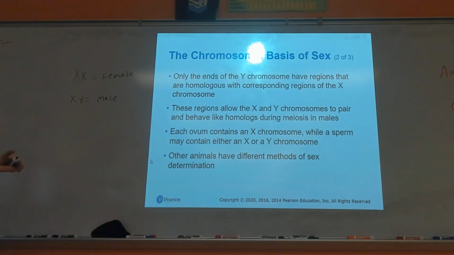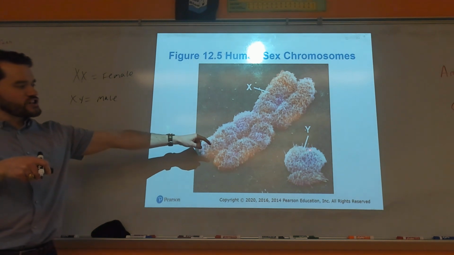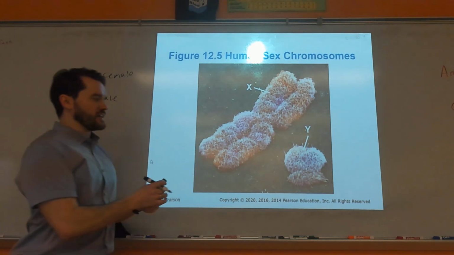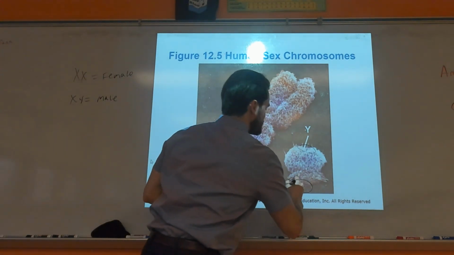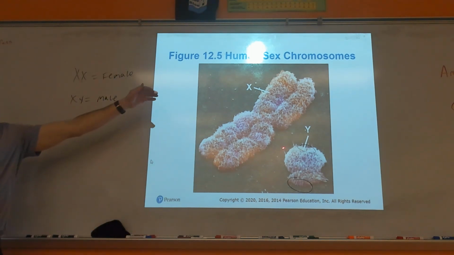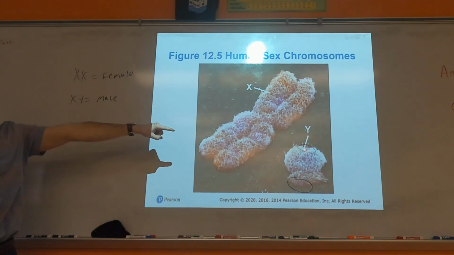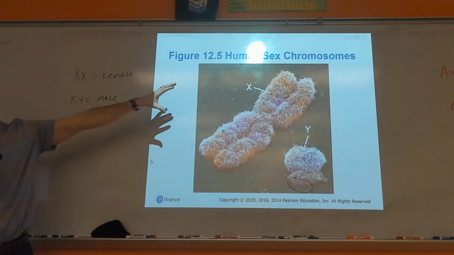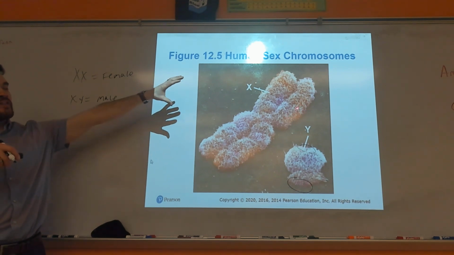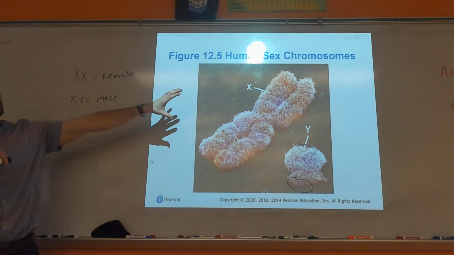Now, if you're a male, you're going to have 1 X and 1 Y. If you look at the chromosome structures, there is a portion at the top and a portion at the bottom of the Y chromosome that is homologous, meaning it has some of the same genes as the X chromosome, and those would line up.